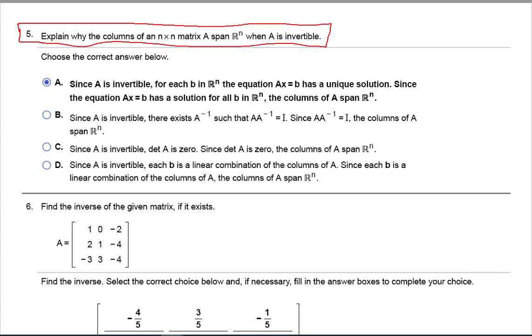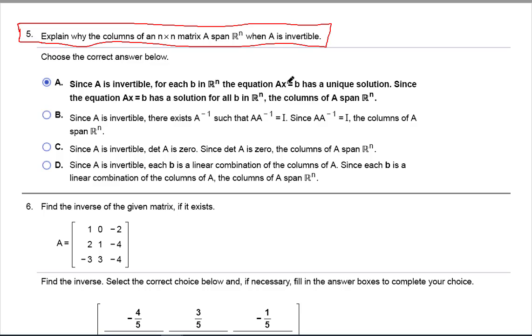Question 5 is a bit of theory, and that is explain why the columns of a square matrix A span the entire space when A is invertible. Well, the secret is, since A is invertible, for everything in B, there is a unique solution.